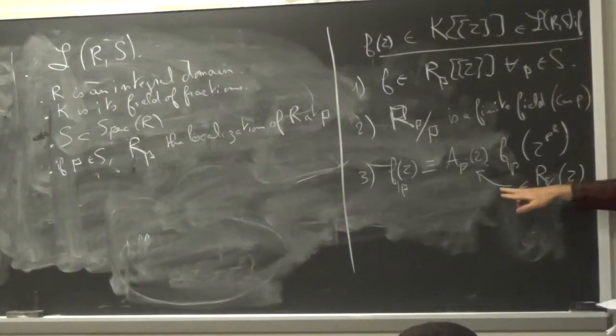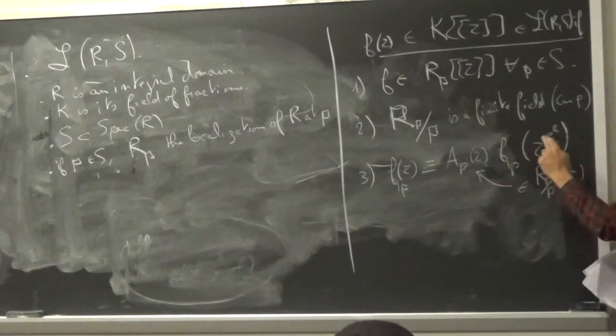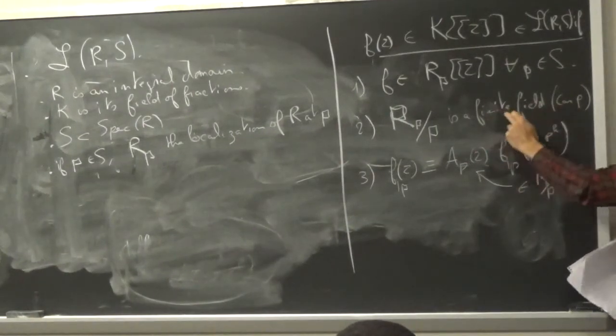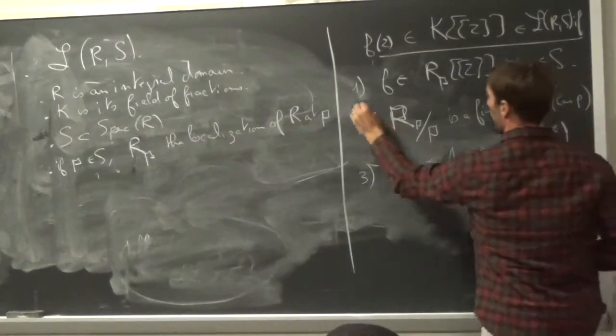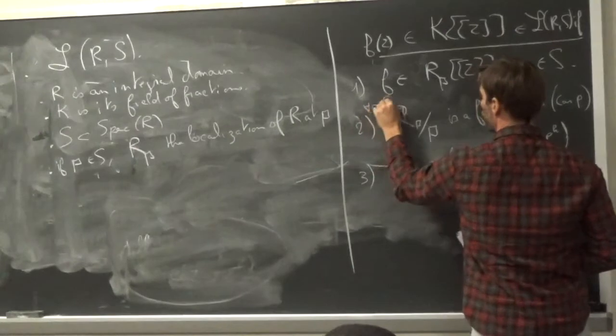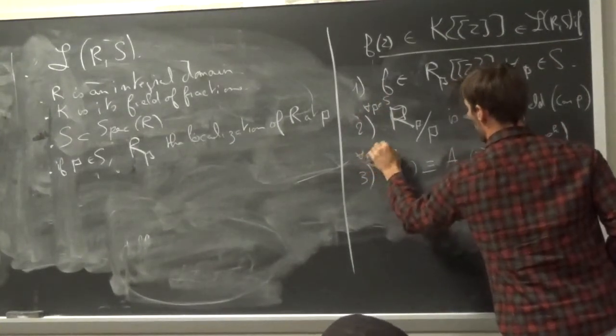And because here we use the Frobenius with p, we have to say what p is. We want this p to correspond to the characteristic of the residue field, which has to be finite, for all P in S. So all these things are for all primes in S.